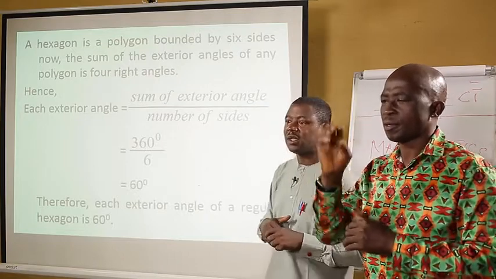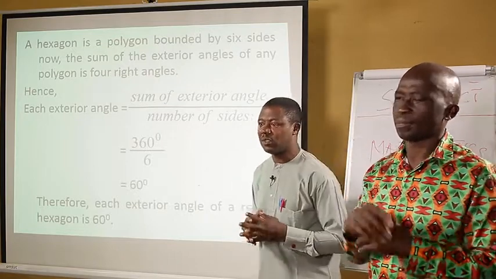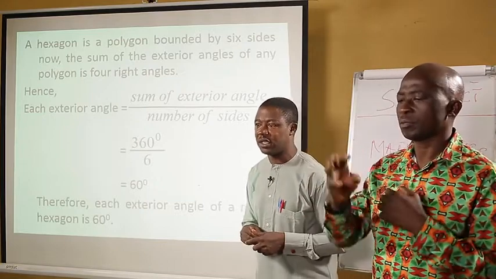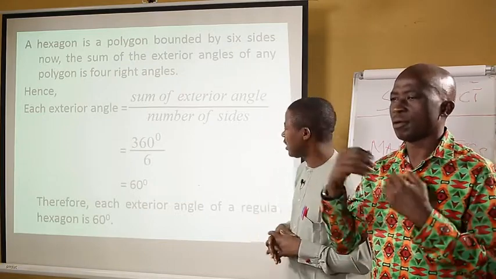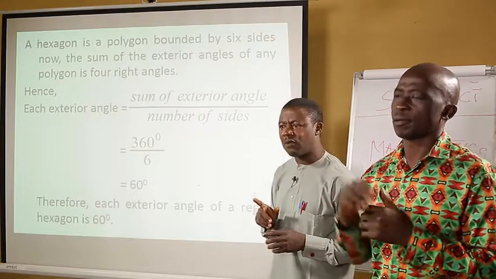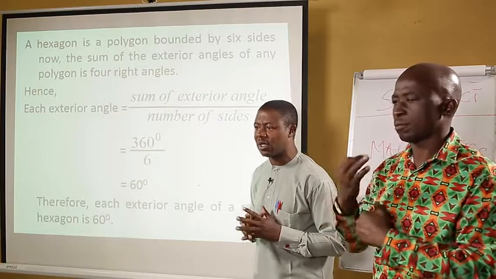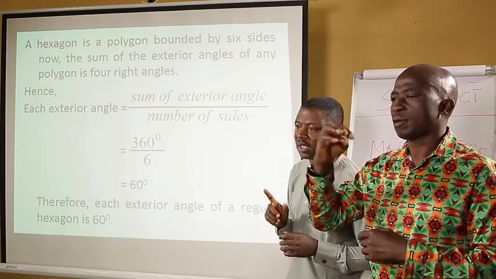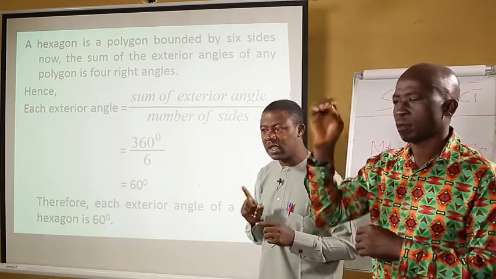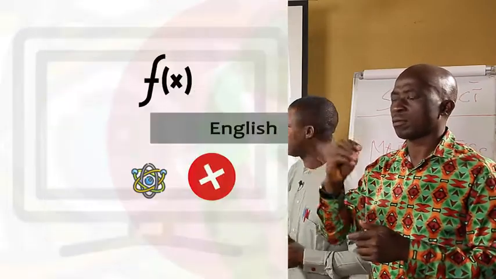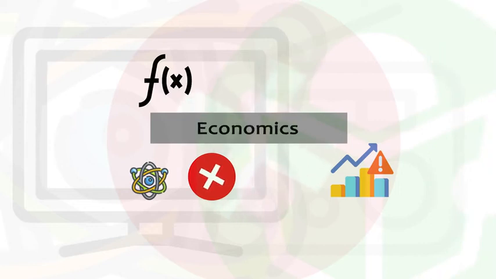If you simplify that, you have 60 degrees. Therefore, each exterior angle of a regular hexagon is 60 degrees.